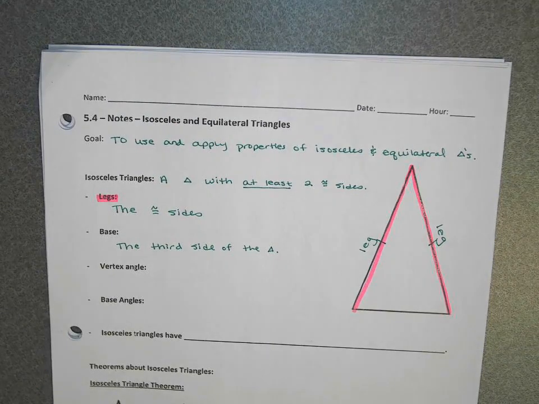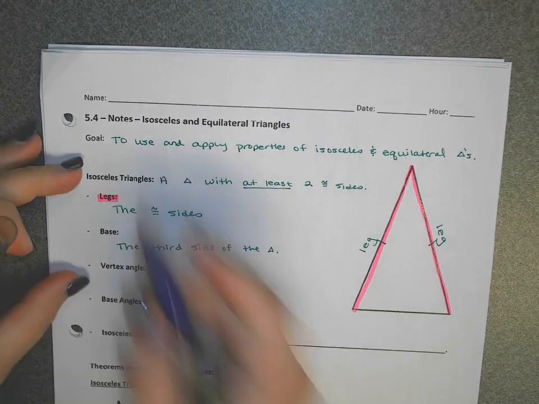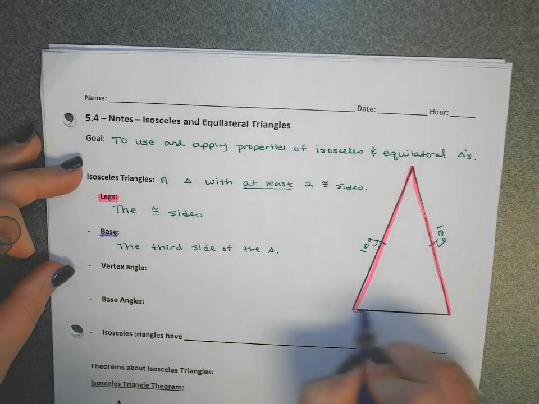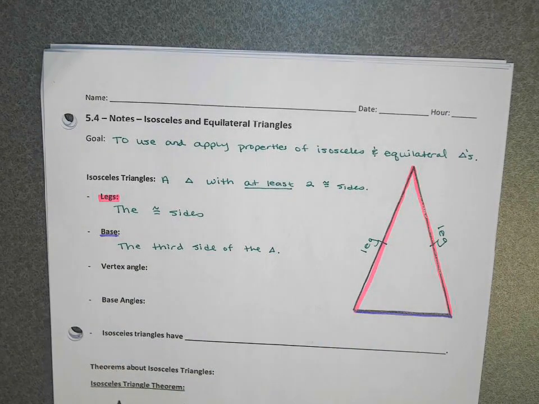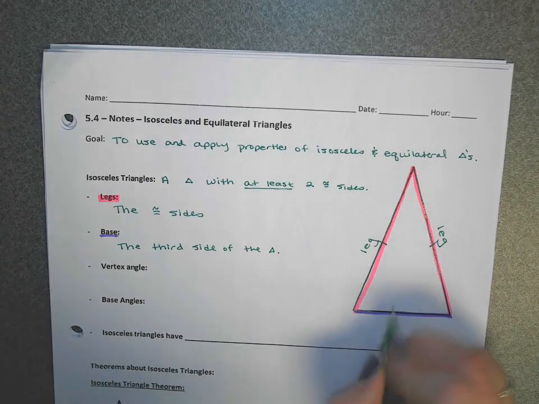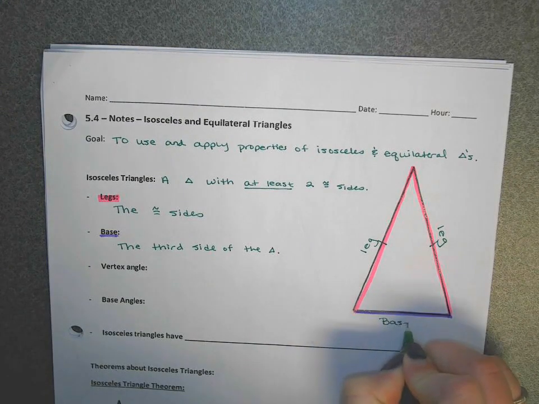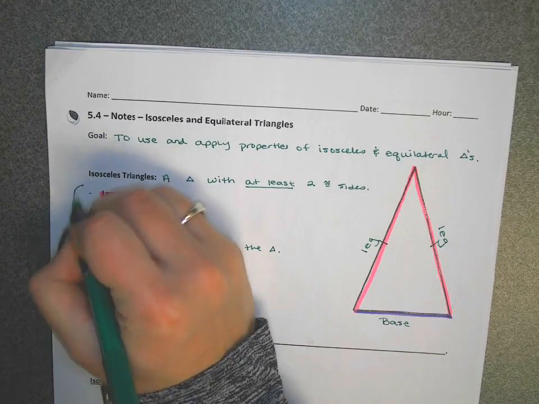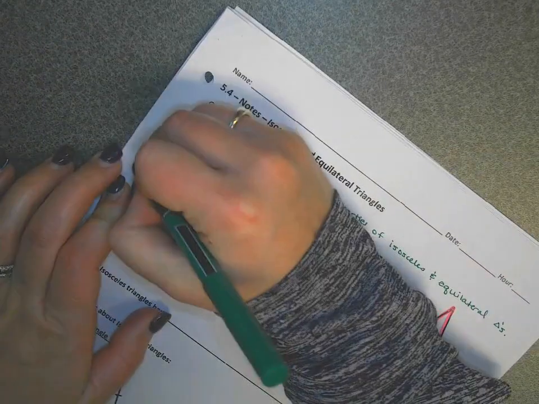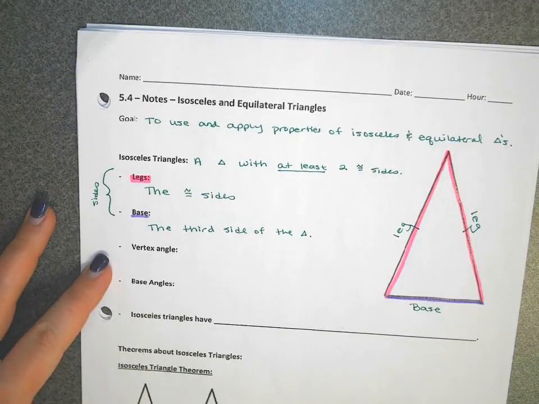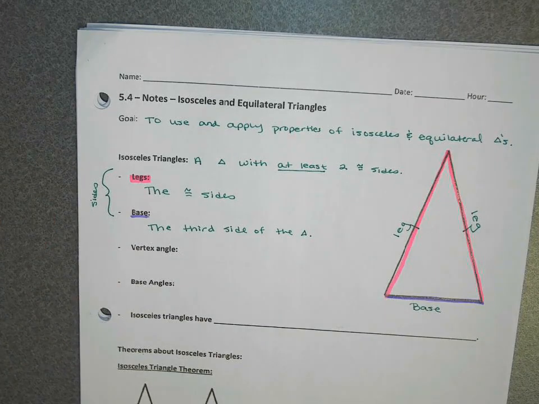And the base would be this third side. And these are the names that we use for the sides of an isosceles triangle. So you either are talking about the legs or the base.